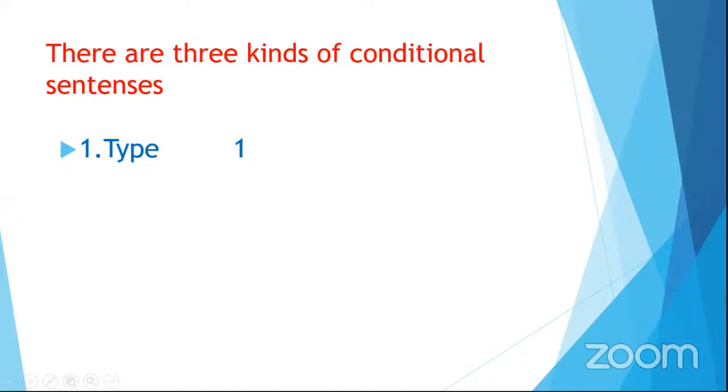Conditional sentences have three types. First one we call type 1. Look at the second one. We call it type 2. Third one, type 3. I believe you will be making some notes. If you do, yes, I'll give you some time as well.